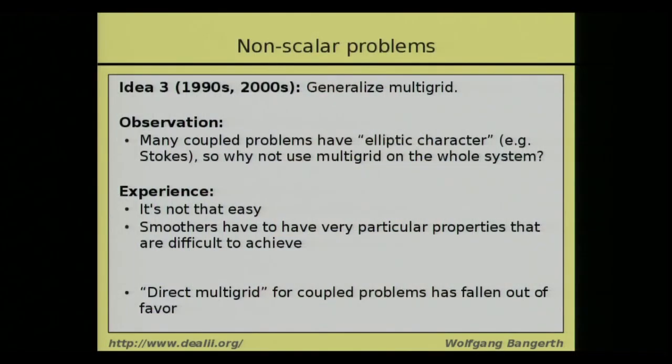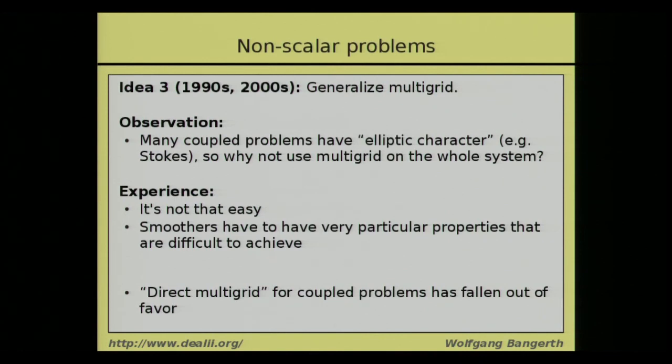Okay, so the third possibility that you would have is that you try to generalize multigrid. I showed you in the previous lecture how multigrid works, for example, for the Laplace equation. And you could think that the very same thing should apply for coupled problems as well as for scalar problems. In particular, multigrid has this excellent property that it propagates information through the entire mesh in every iteration, right?